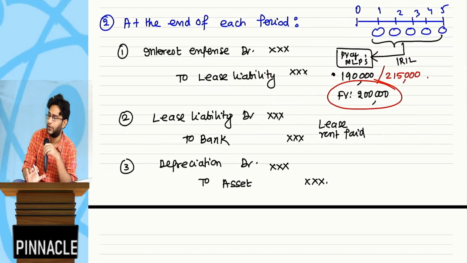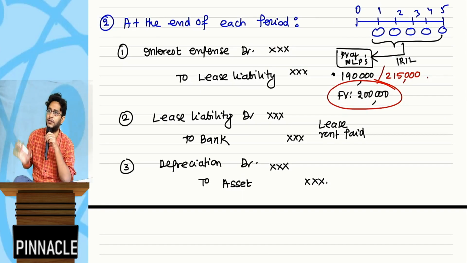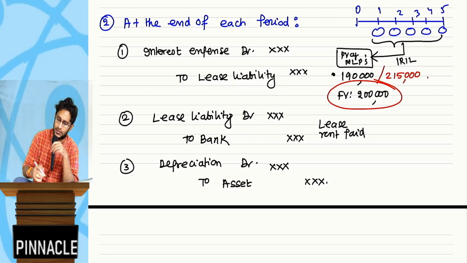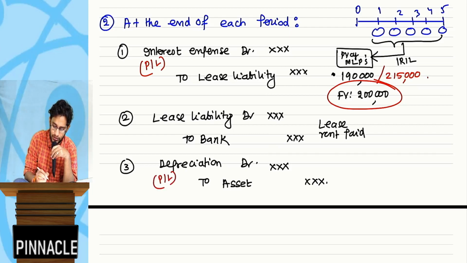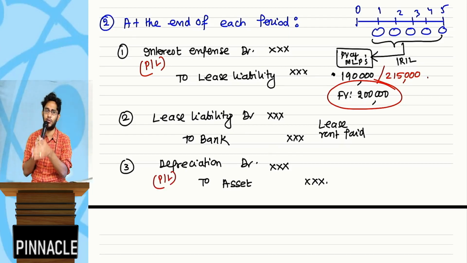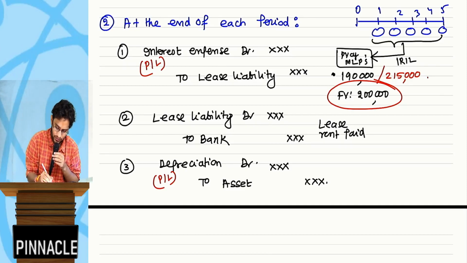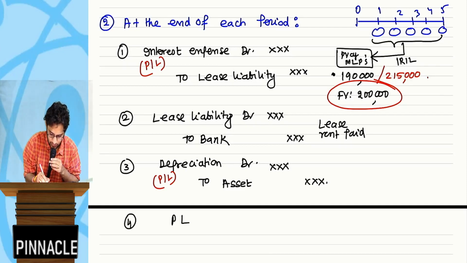Now, every year, sir, these 3 entries are common. You book interest expense, you pay the installment, you book depreciation. Out of these, interest expense will be transferred to the debit side of P&L because that's an expense. Same is the case with depreciation. If you want, consider a transfer entry also, P&L to interest expense, to depreciation. You are still learning only, no?